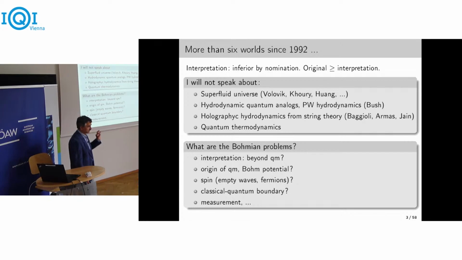Actually, this will be an argument about what Bohmian mechanics is and how it is connected to fluids. And I can identify some problems that I'm aware of in Bohmian mechanics, like what could be the predictions beyond quantum mechanics, the origin of the Bohm potential, how to create spins, I mean, for example, empty waves and representation of fermions, and of course the transition of quantum classical boundary and the measurement problem, and so on and so on.